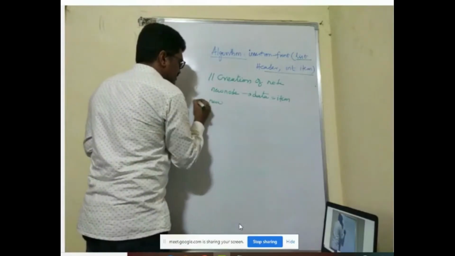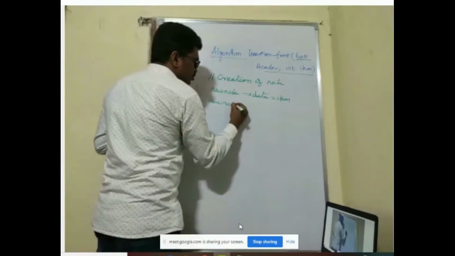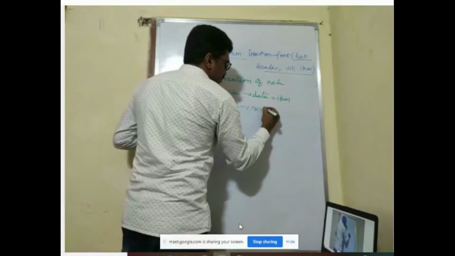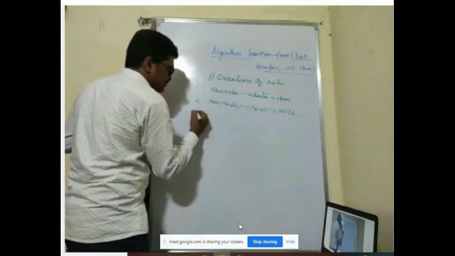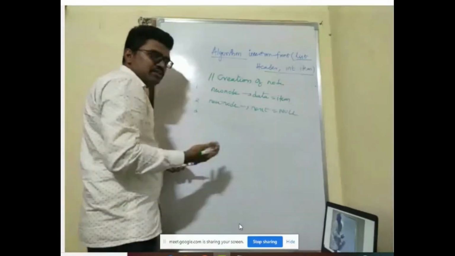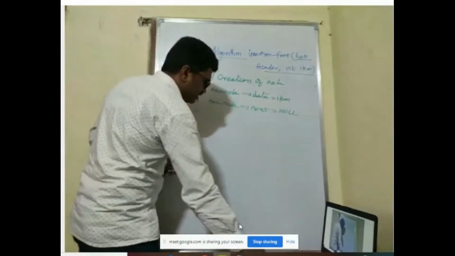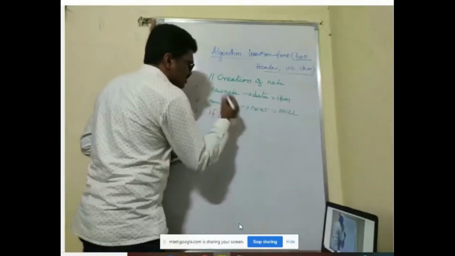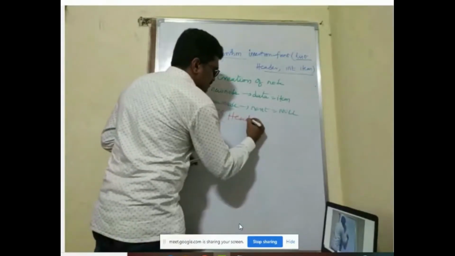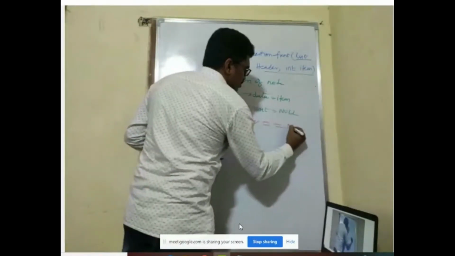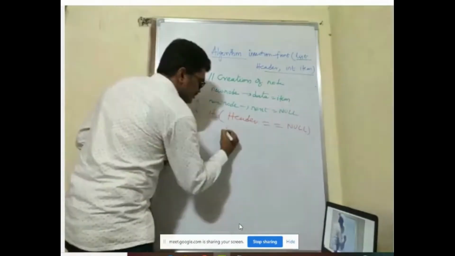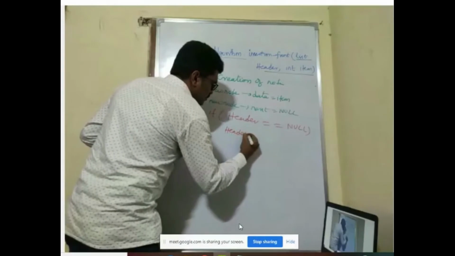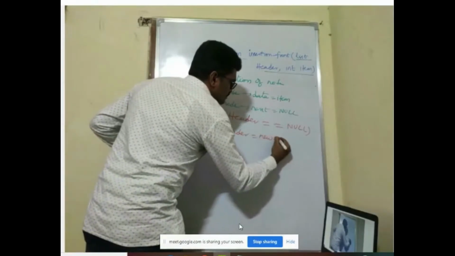Second step is new node next is equal to null. The same thing we wrote previously. The third one is we have to check the condition: if header is equal to null, header is equal to new node.